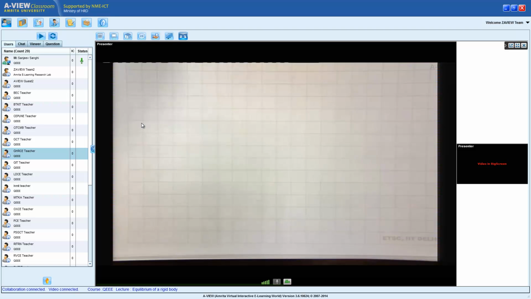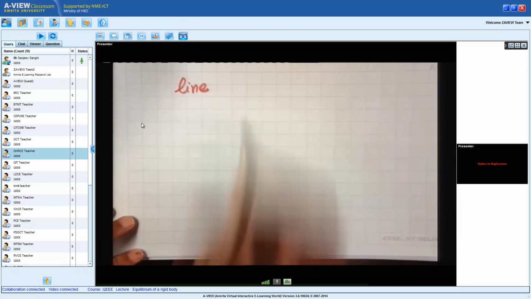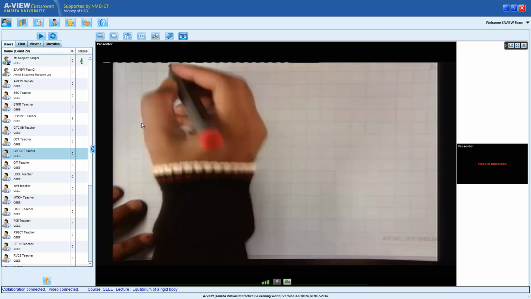So let us explain these in detail. A distributed force which acts along a line.